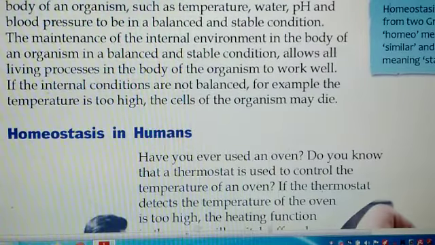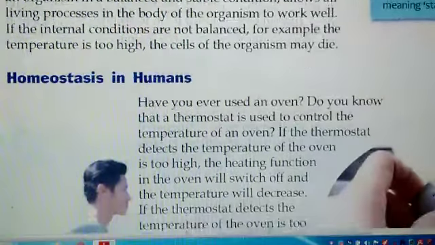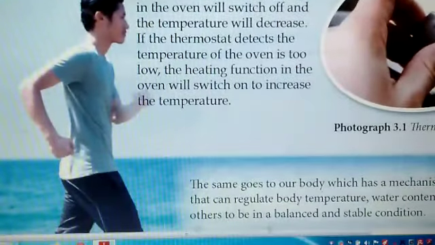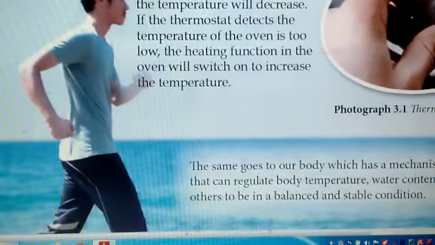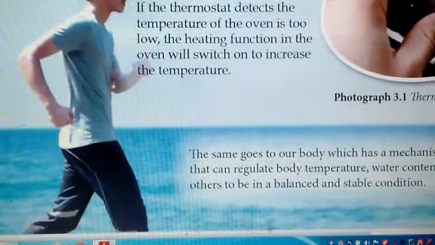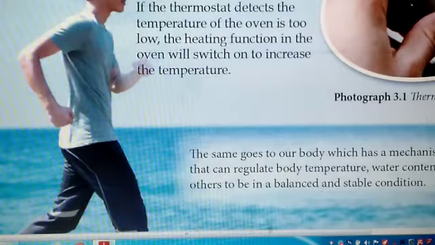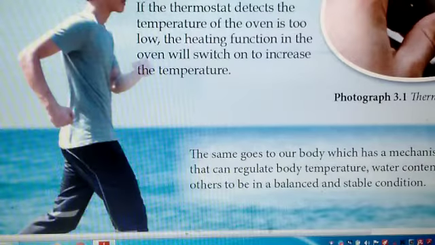So now we proceed to the explanation about homeostasis in our body. As you can see from here, our body has to regulate many systems to make sure that our body has a good, stable and maintained condition.